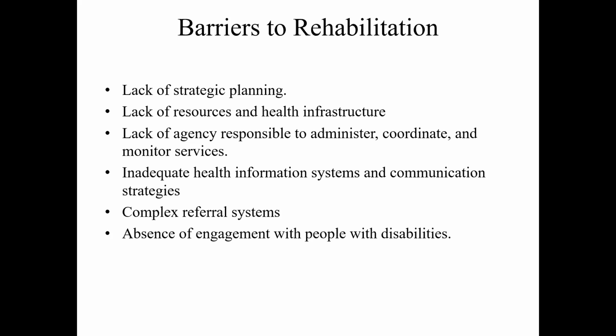So these are the barriers. One is they don't plan properly. Another is they lack resources and infrastructure. Third is they don't coordinate properly with the community agencies. Fourth, if they miscommunicate with each other, then they will not be able to rehabilitate properly. Then there is a complex referral system.